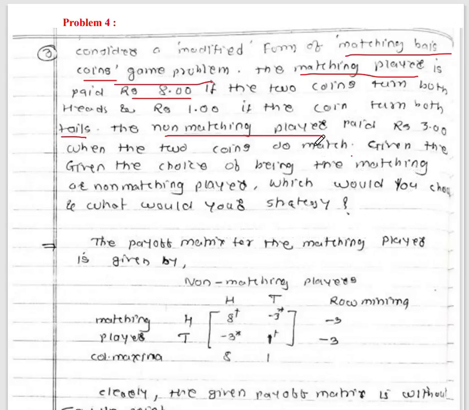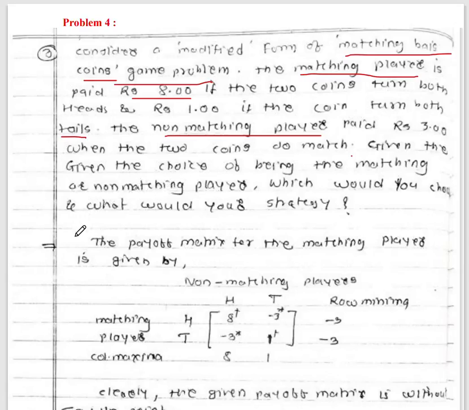Here we have the data for the matching player and non-matching player, and we have to find which one to select and what the strategy will be.